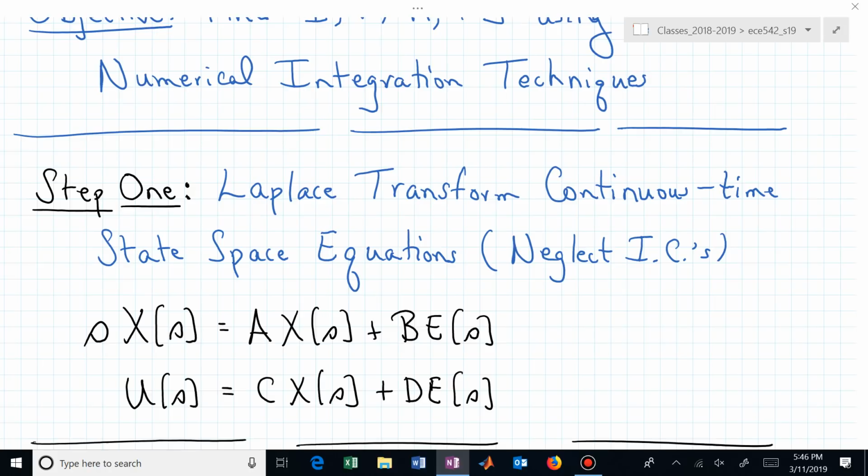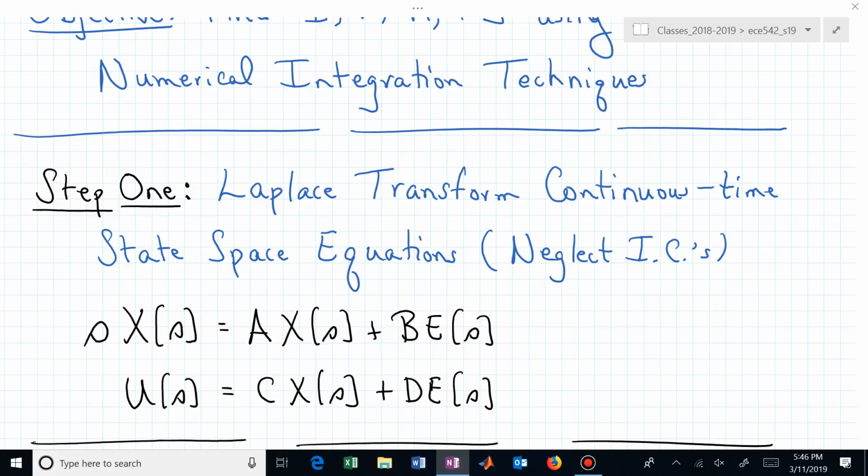We've now moved into the frequency domain, and if you're paying attention, I've tried to capitalize all of those variables. We now have capital X of S, we're now in the frequency domain.